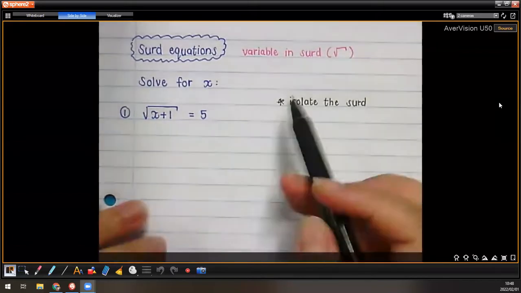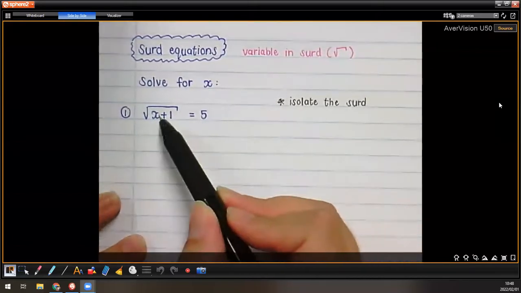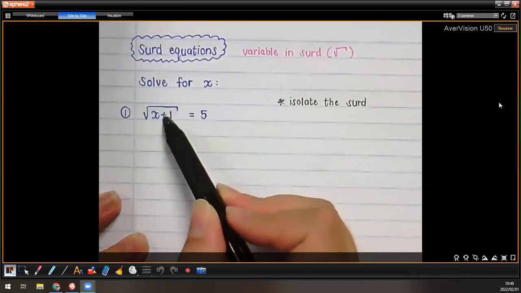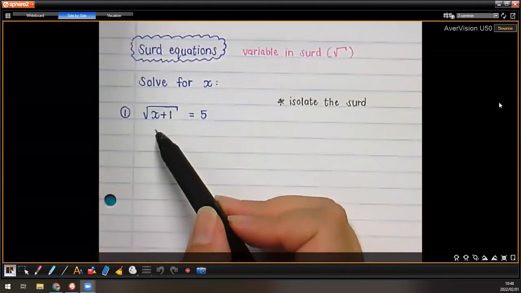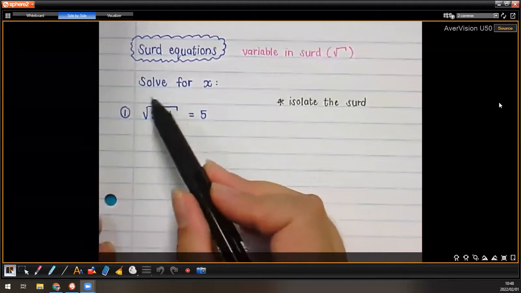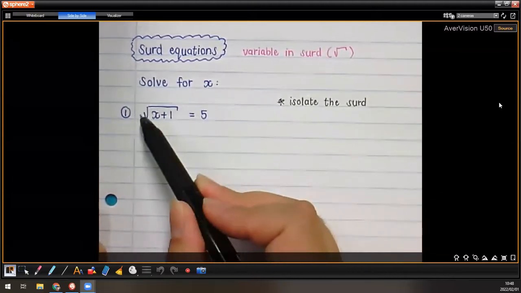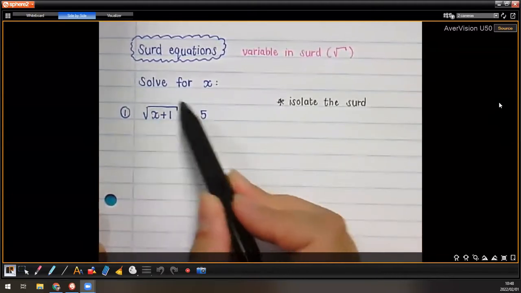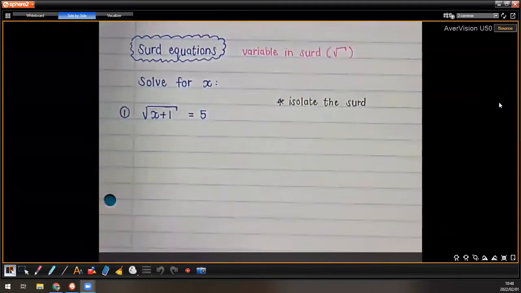Right, now guys, remember when we're solving an equation, we want to get rid of everything except for the x, right? We want to just have the x on its own.